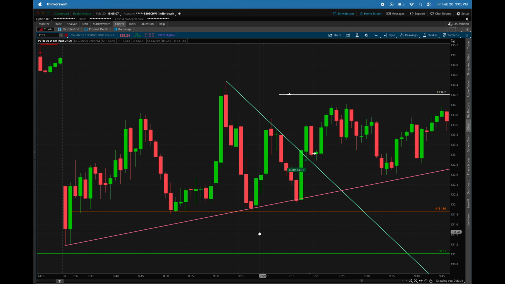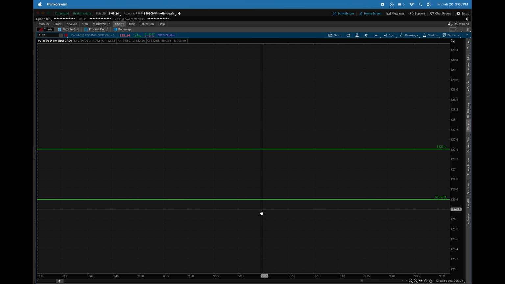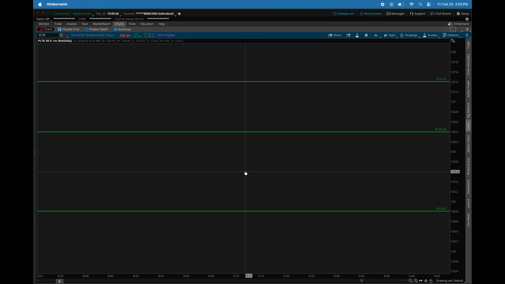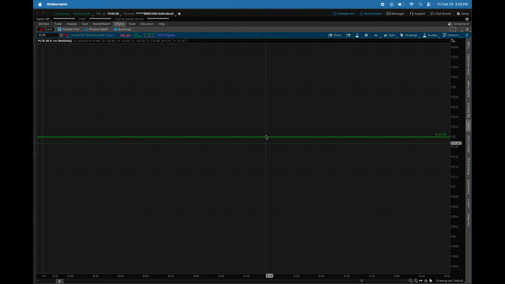You just pick an area in the chart which is most likely going to give you a reaction, usually the high and the low of the previous days, not just yesterday, but the other days also. So like this, those are the lows from some days back, and I don't even know what day. See, there are so many.